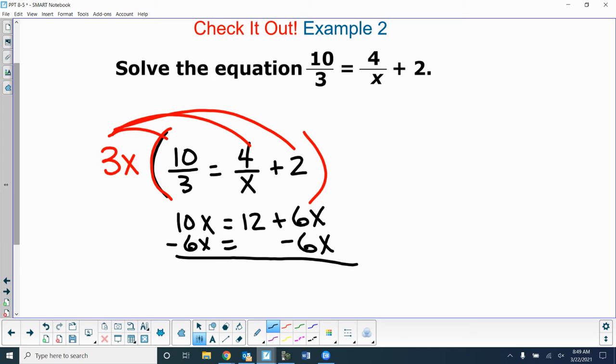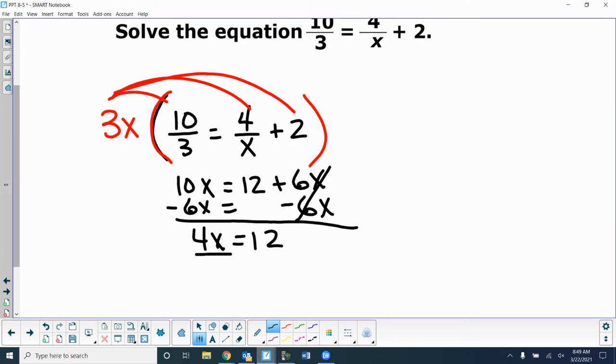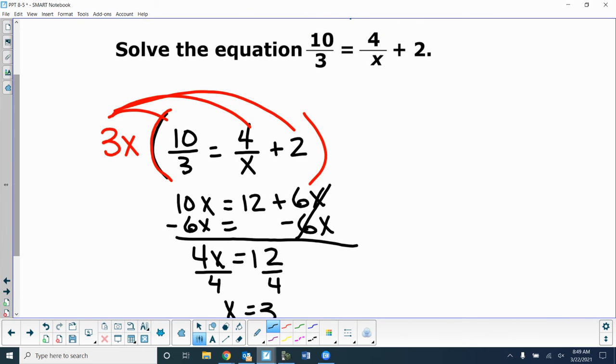All right, so 10X minus 6X is 4X. Those canceled. So now what do you do? Just divide by 4, right? All right, so then we just go check it by substituting 3 there.